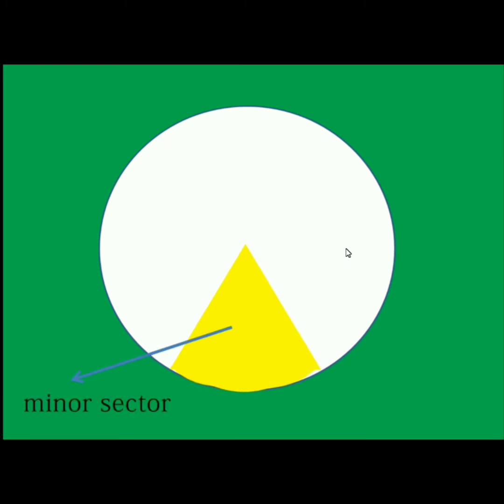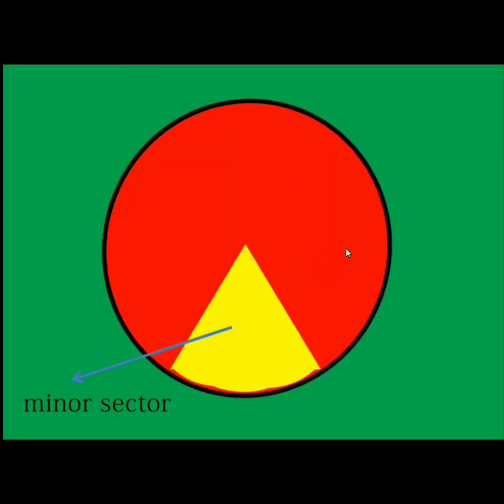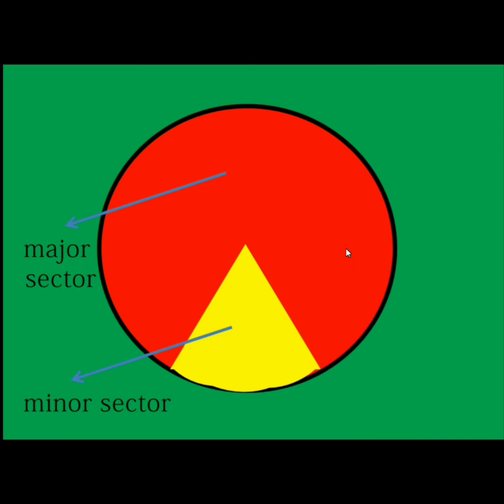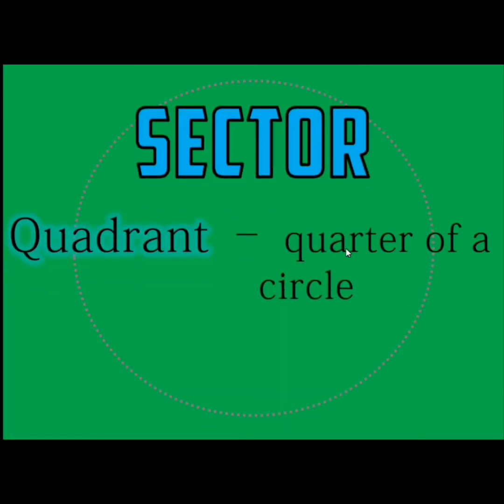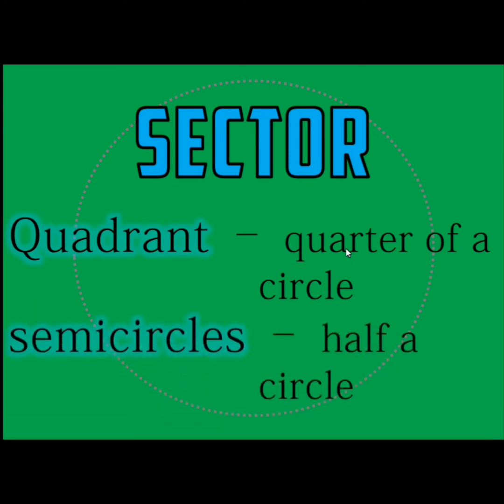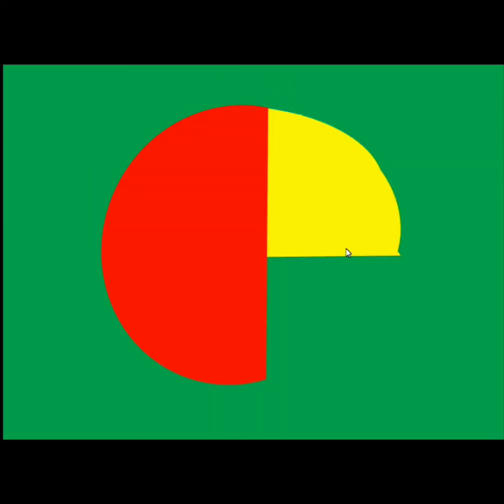So this is a minor sector. And the red one is the major sector. We have also quadrant, a quarter of a circle, and semicircle, half a circle. So this is the quadrant, and this one is the semicircle.